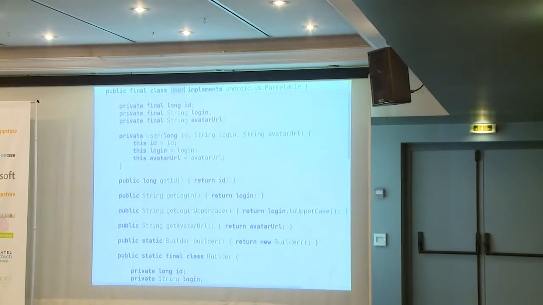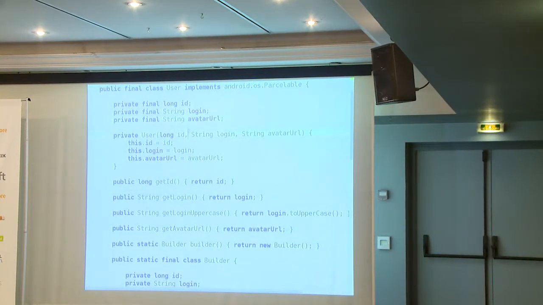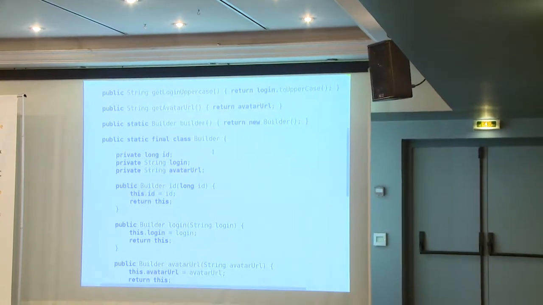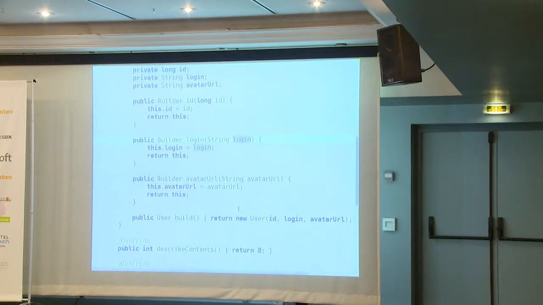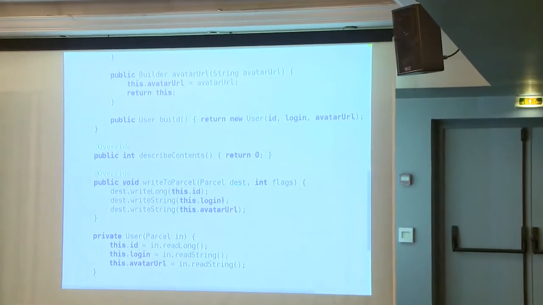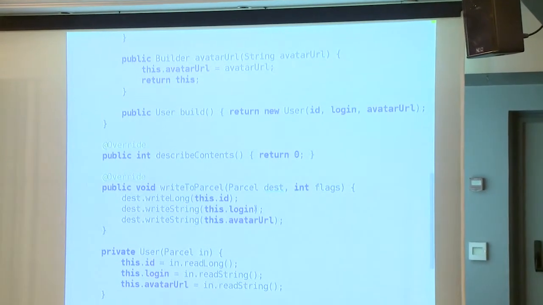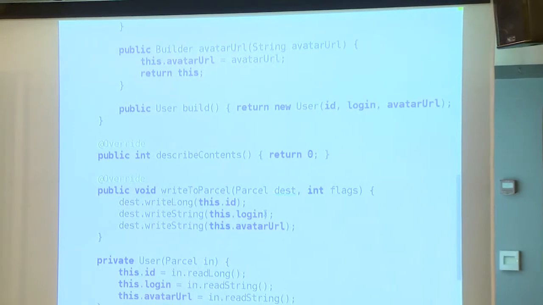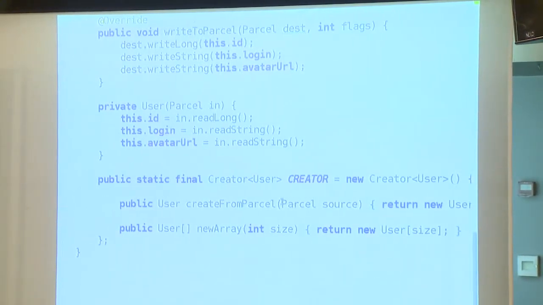Yeah. So basically you have 3 fields and constructor, getters, builder, the nice Fluent API to create, and parcelable code, which is actually used when you rotate the device. I don't request the same list of users again, just reuse it. And that's all.